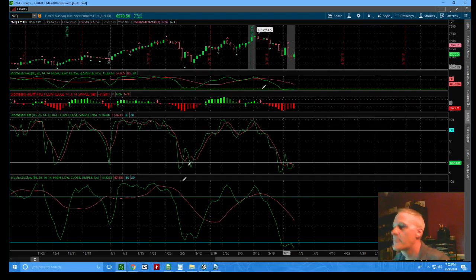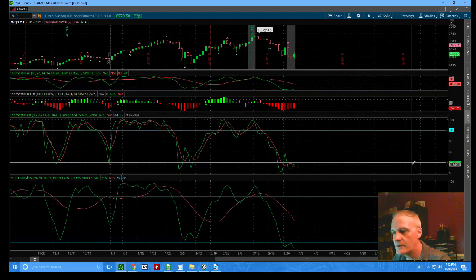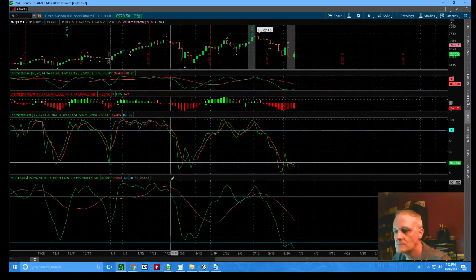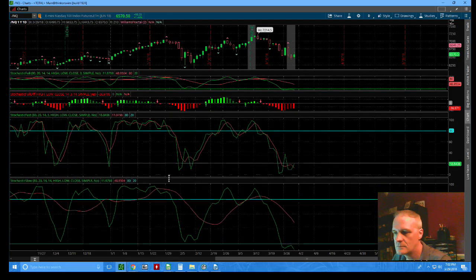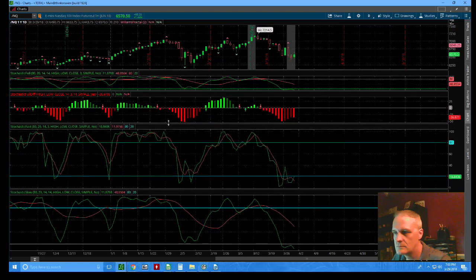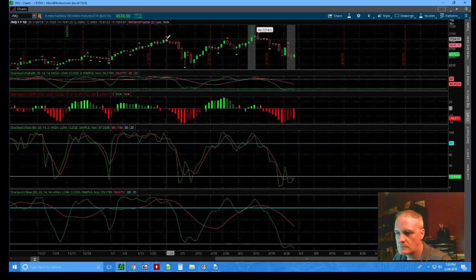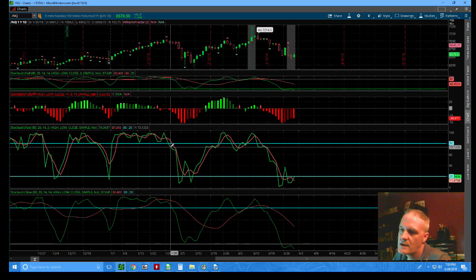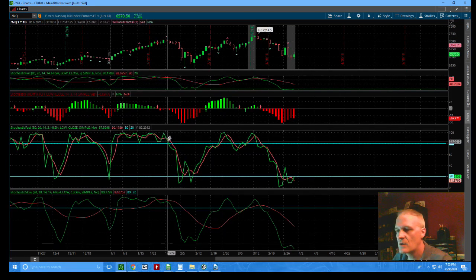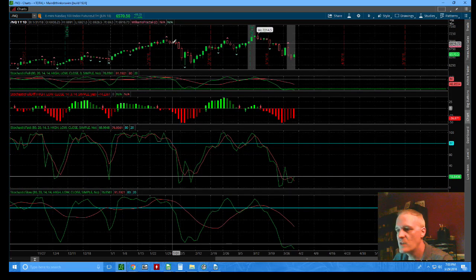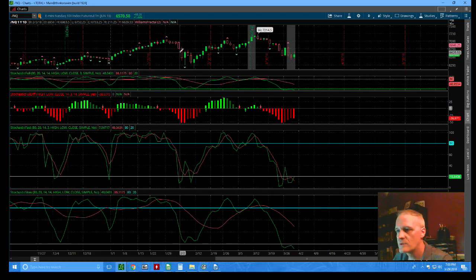in your trading. Let me see if I can find an example here where there was a downward trend. So if we look at this period here, okay, fast K crosses below fast D, that's a short signal. And if you had done that, you would have been well served.